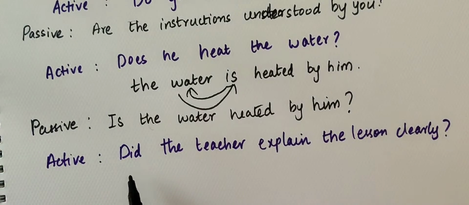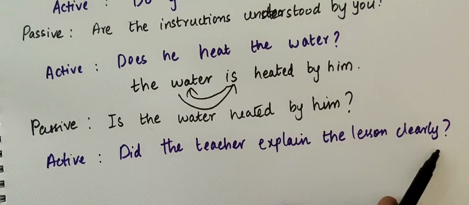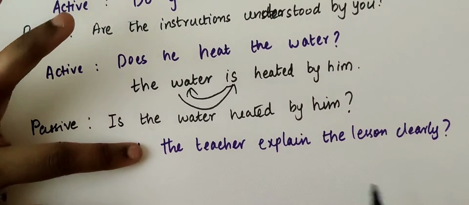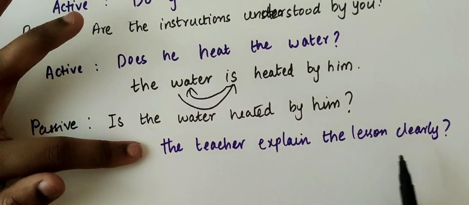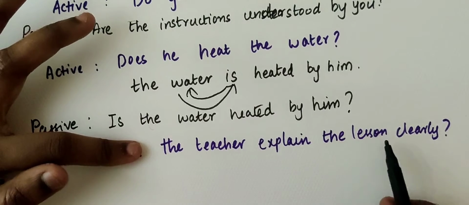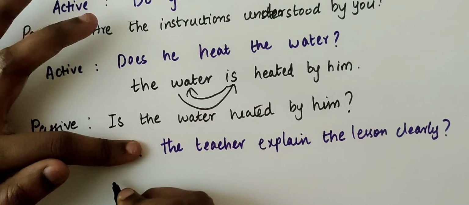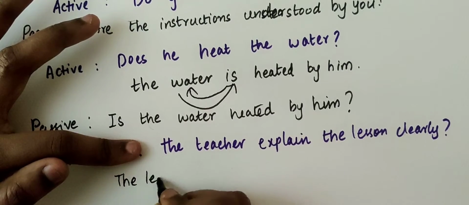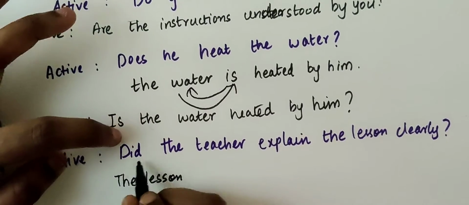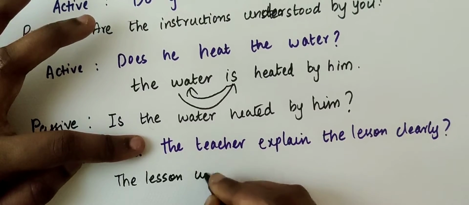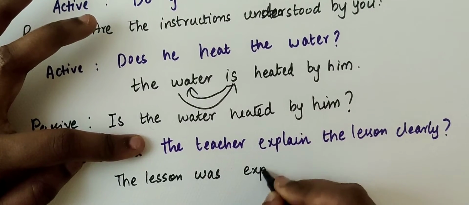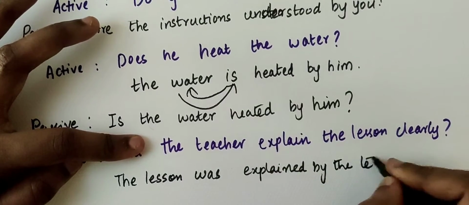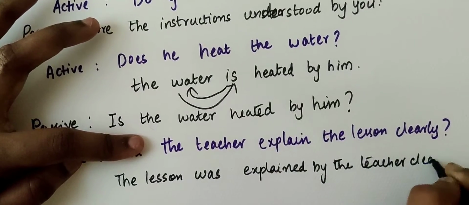Next question in the active form is: did the teacher explain the lesson clearly? This is a yes or no question starting with did. So first step is remove the did and convert this into passive. The lesson, as it is past tense, did is past tense, right? So was. The lesson was explained by the teacher clearly.